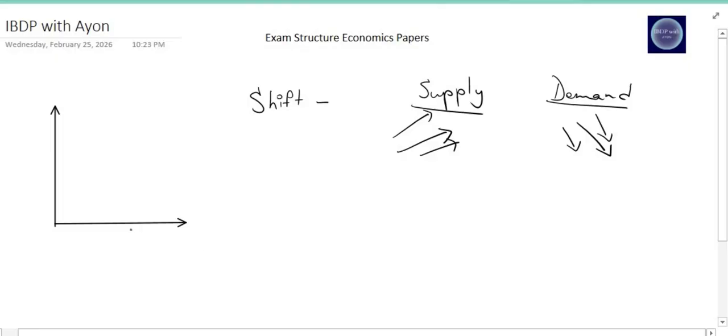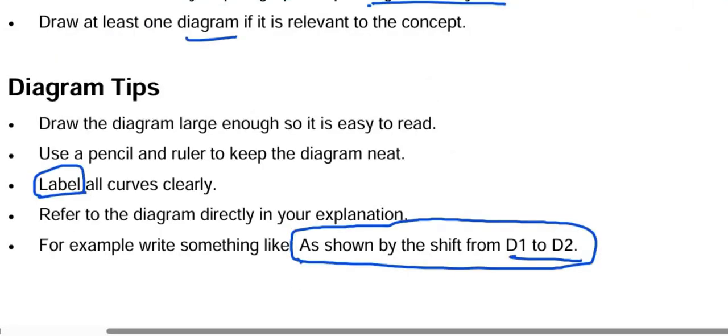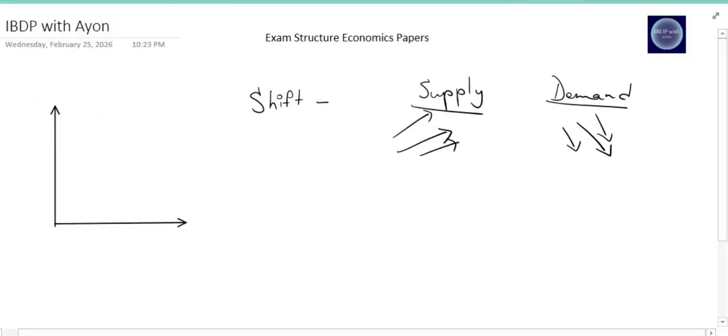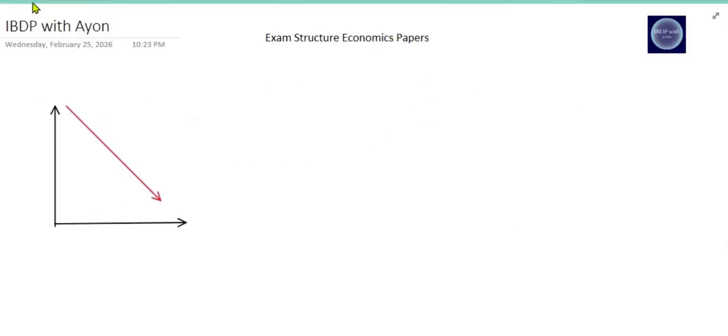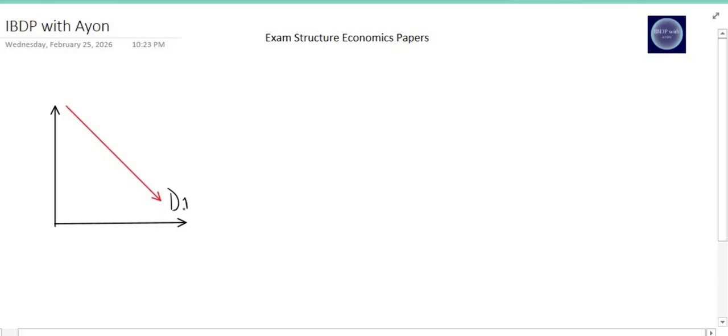So here in the question it was mentioned that there is a shift from D1 to D2. So the original curve is D1, and if there is a rightward shift, then we can call it D2.